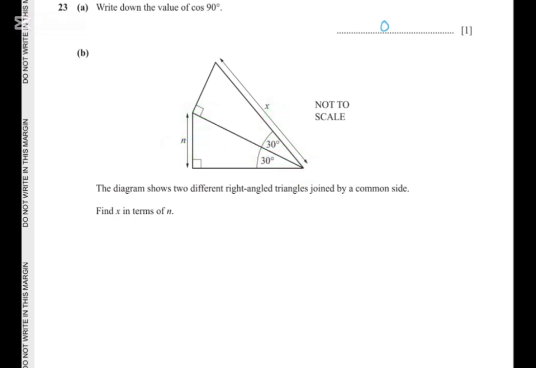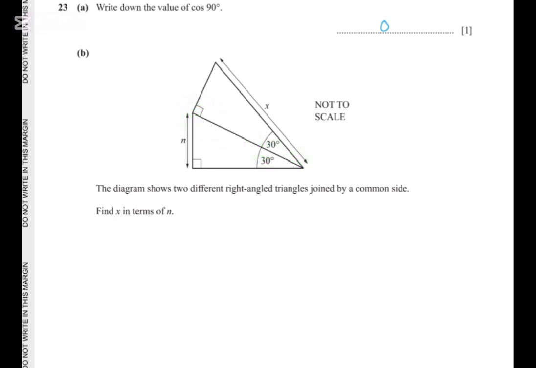So take the first triangle now and see what the common side value is in terms of n. Why are we finding the common side value? Because for the second triangle, again we need the common side to find out the x value. So we'll find this common side first in terms of n.